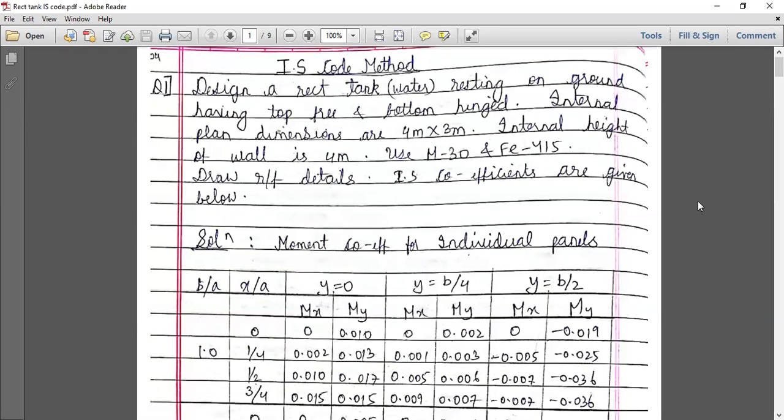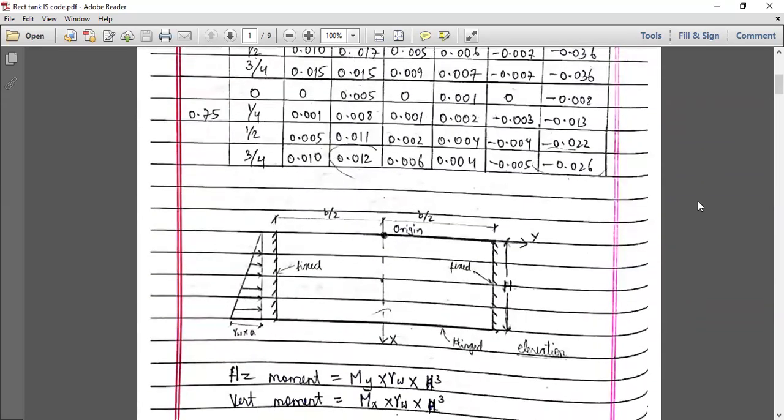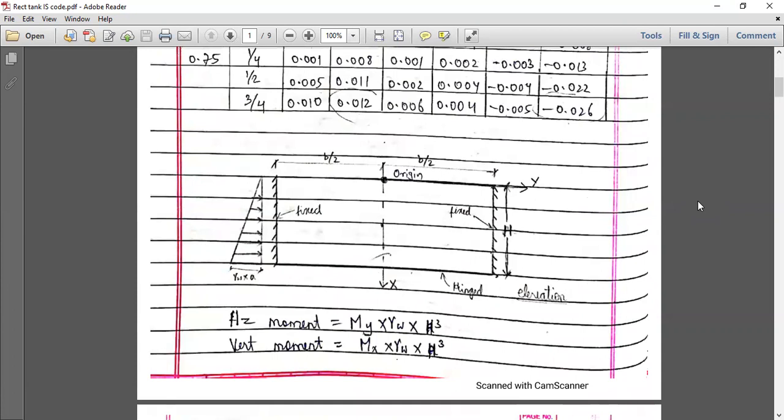Okay. So now this is the table which will be given. So this is the problem. So the bottom is considered hinged and the top is free and the side walls are considered fixed. So this is the height of the wall, and let us consider this total as B. So this at the center it will become B by 2 and this will become B by 2.